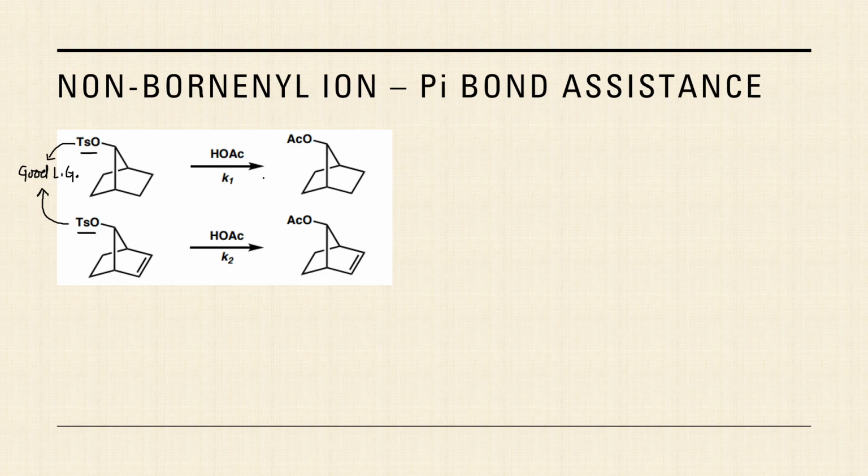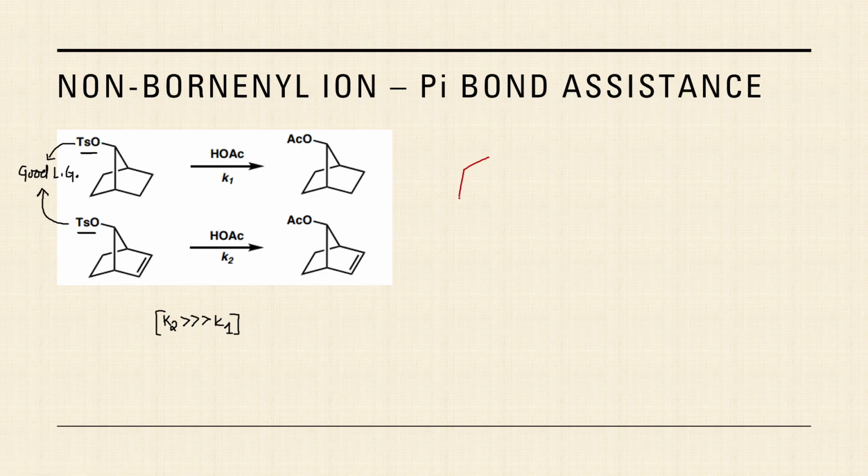Now if you look at the K1 and K2 of these reactions, you will find that the K2 is very large as compared to K1. ऐसा क्यों? तो इसको समझने के लिए हमें यह समझना होगा कि what actually happens in the course of reaction.